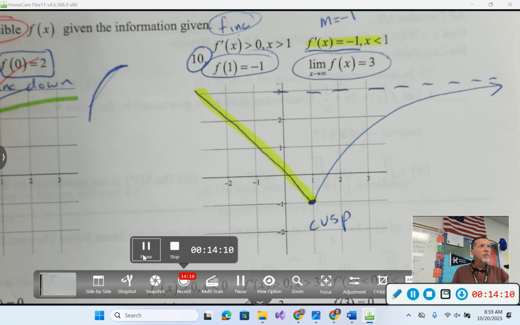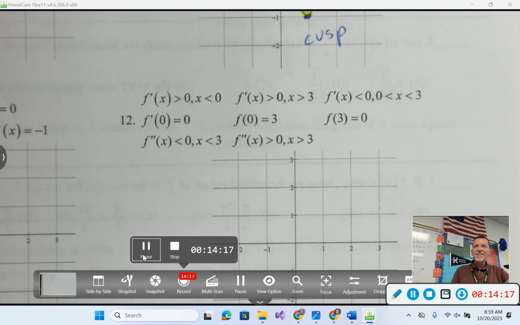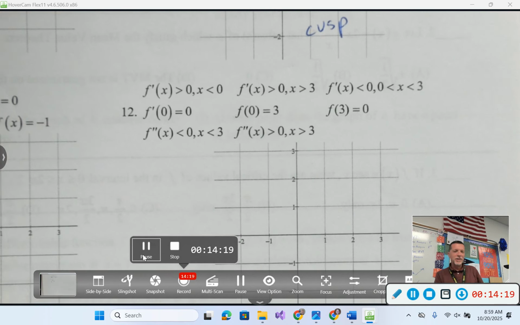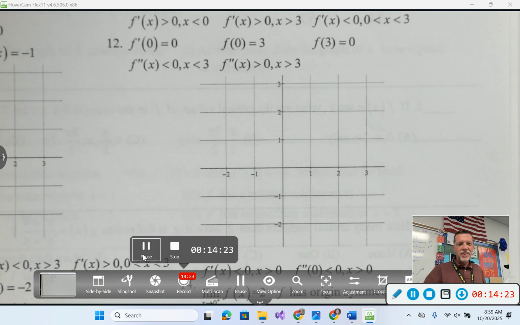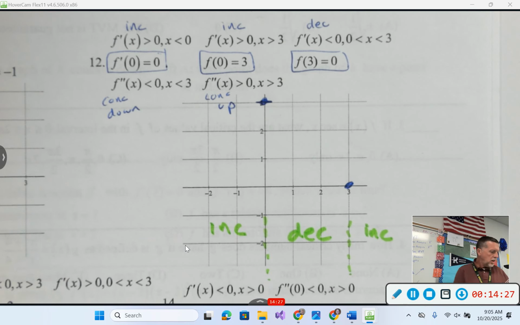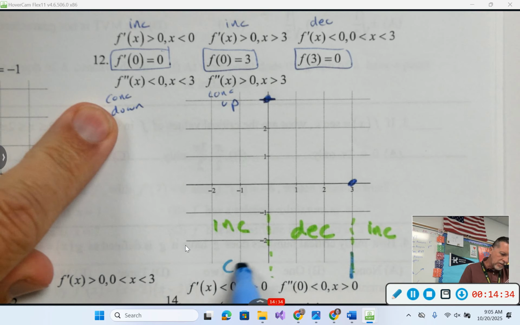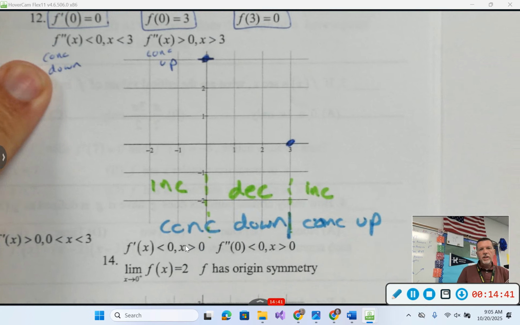Okay, the rest of those. Do you want to try number 12? Some of you are like, nope, don't want to try number 12. Try number 12, and then I'll do 12, and then I'll stop. But maybe it seems helpful. For the concavity stuff, when x is less than 3, we're concave down. So we're concave down this whole way over there, and concave up over there.